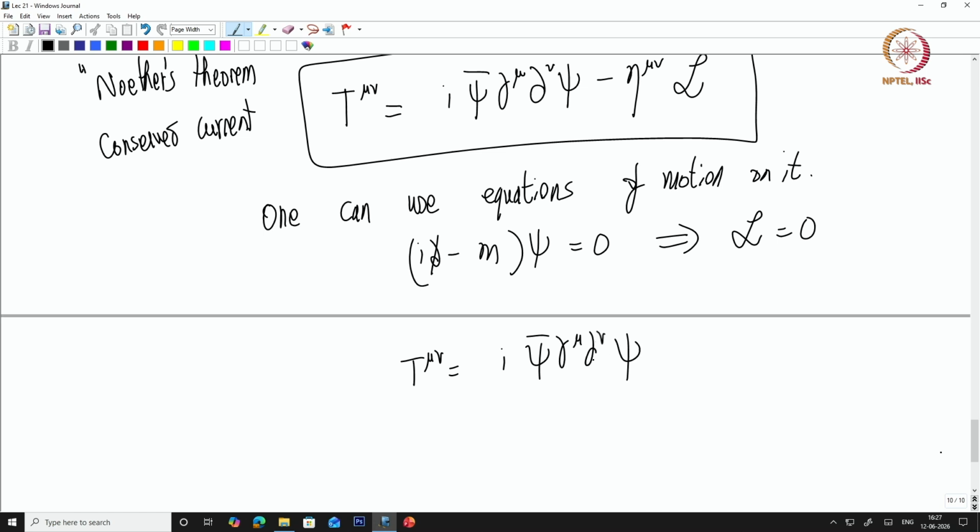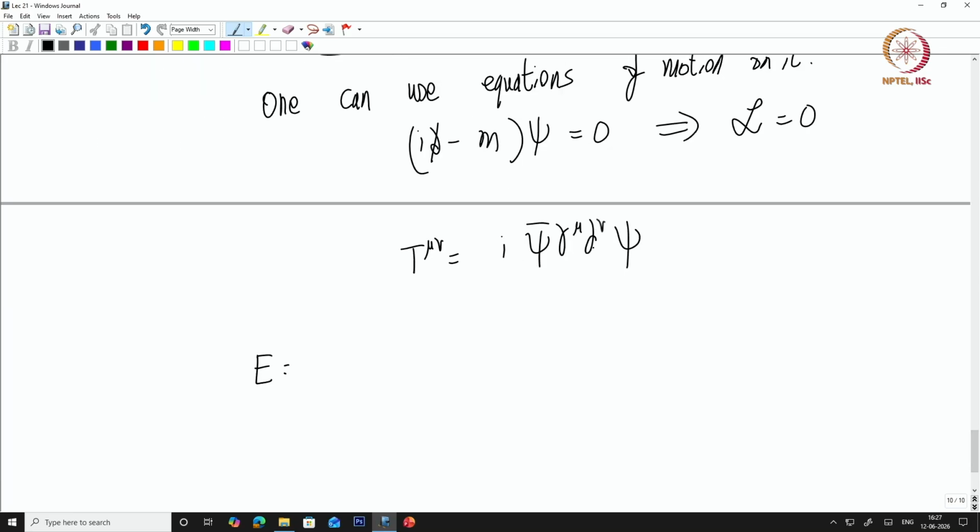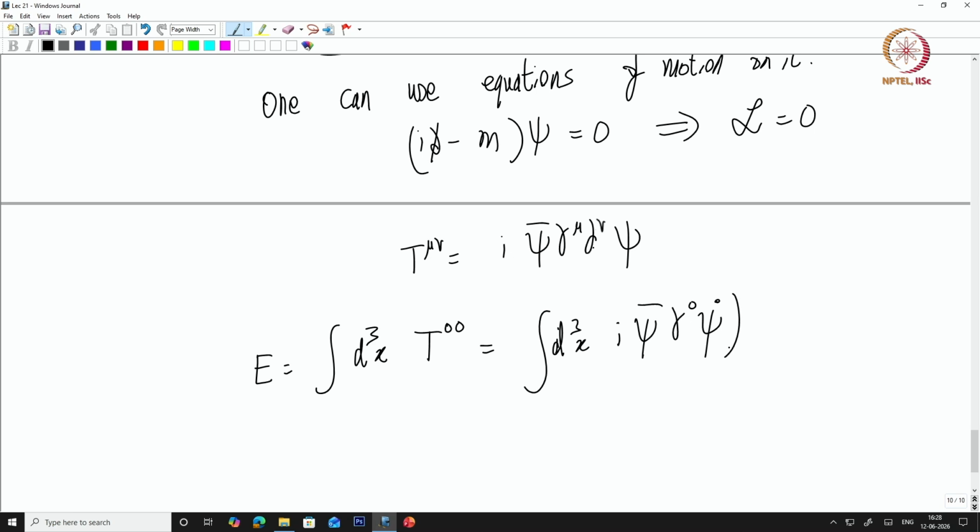In particular, the total energy E is the integral d^3x of T^{00}, which is the integral d^3x of i psi-bar gamma^0 psi-dot. Now, psi-dot I can again use the equations of motion, and that gives the integral d^3x of i psi-dagger times (gamma^0 minus i gamma^i ∂_i plus m) psi.